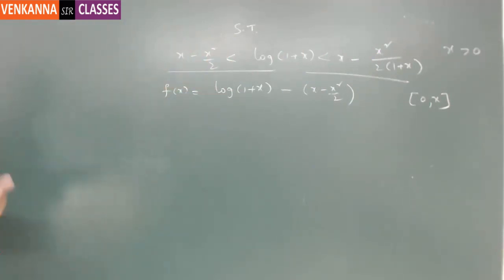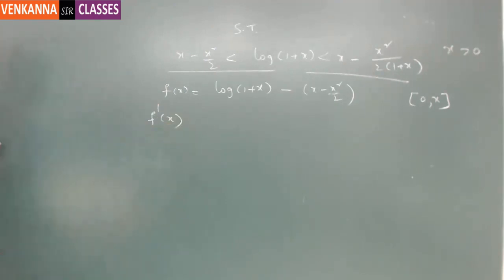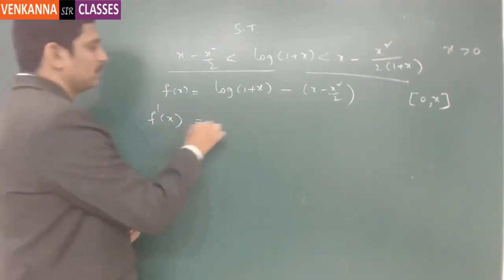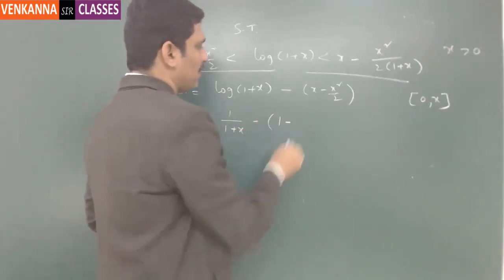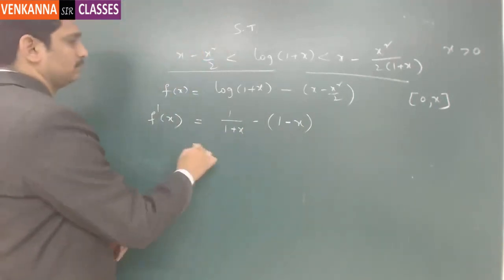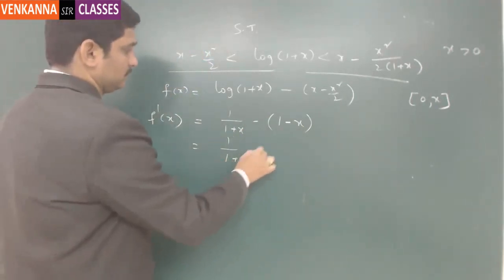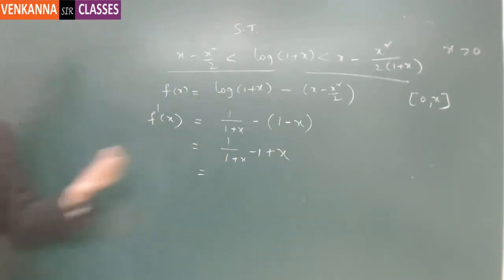Now what I am going to do is calculate f dash of x. So it will be 1 by 1 plus x minus of 1 minus x. Can you go for the LCM and give me the result?